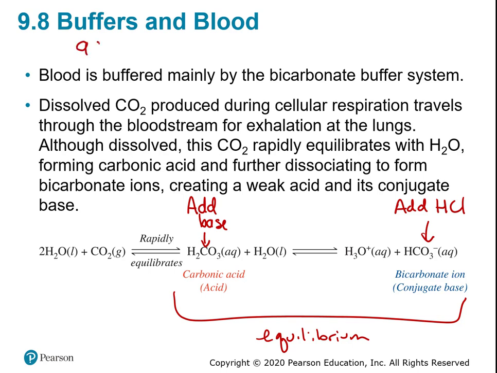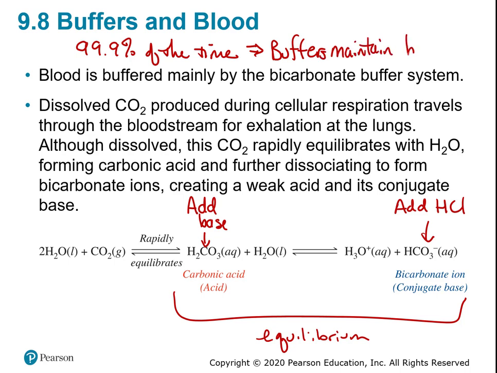And I'll tell you that 99.9% of the time, buffers can maintain blood pH. It has to be pretty extreme for other things to have to kick in. So for the majority of people in this room, you're never going to have acidosis or alkalosis.